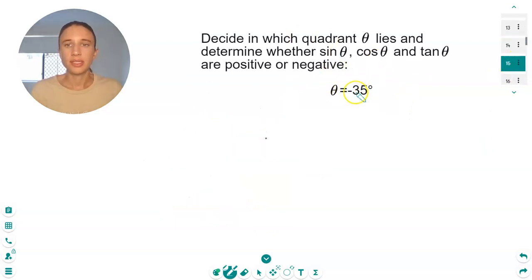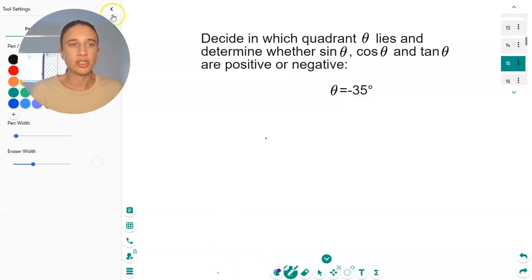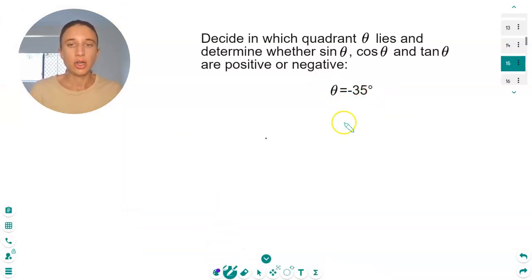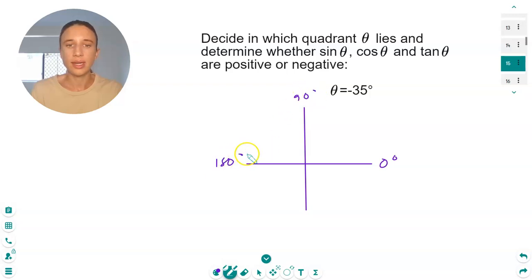This one here is a little bit different. It's got a negative out the front, but that's fine. It just means we're going in a clockwise direction instead. So I'll mark in where we are, 0, 90, 180, 270, negative 35, going in a clockwise direction just a little bit.